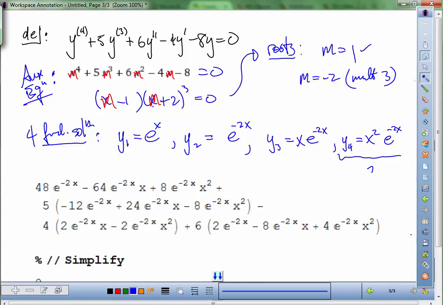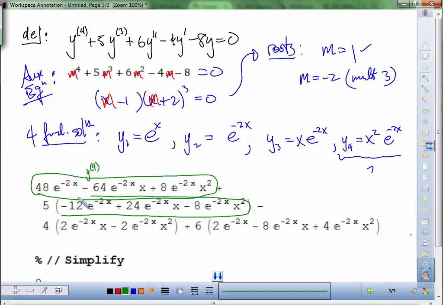But if you were to double check your work, this here is the fourth derivative of y, and then this is 5 times the third derivative of y, and then 4 times y double prime, and I guess they might have combined.